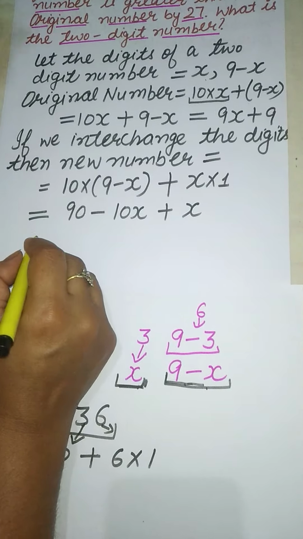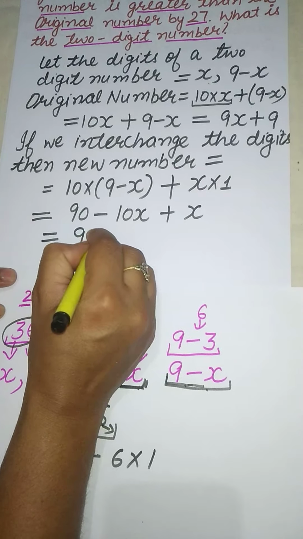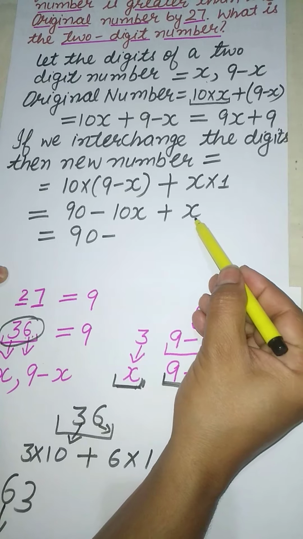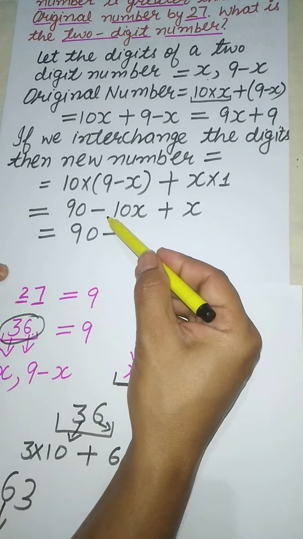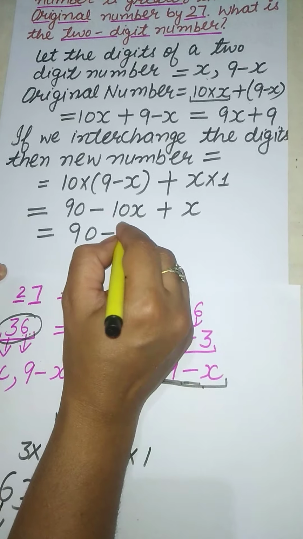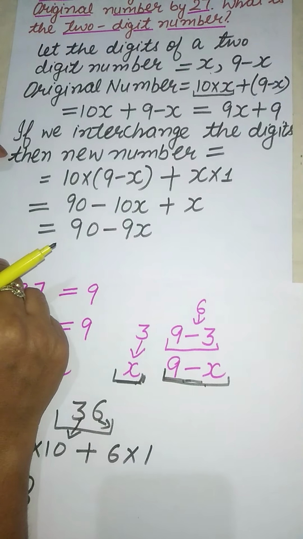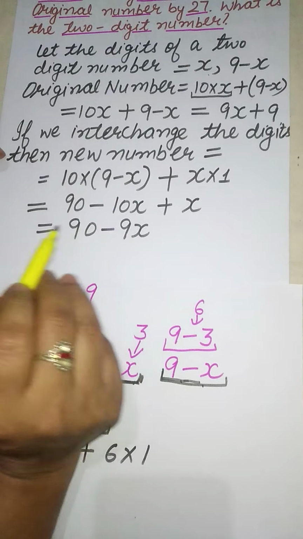So the number is 90 minus 10x plus x. So plus minus minus, it is minus 9x. So the new number is 90 minus 9x.